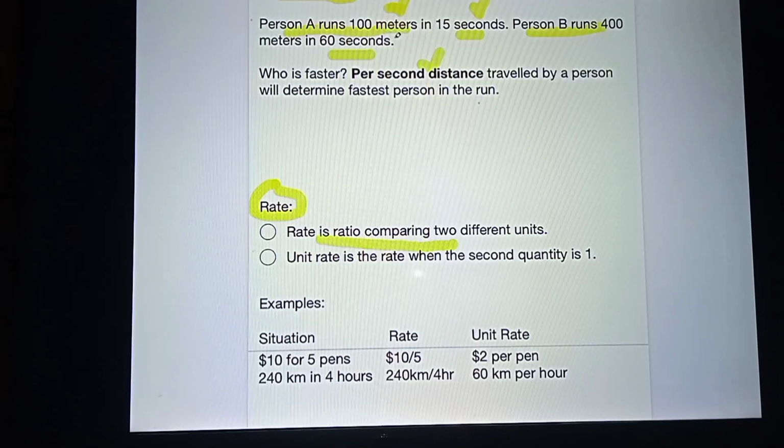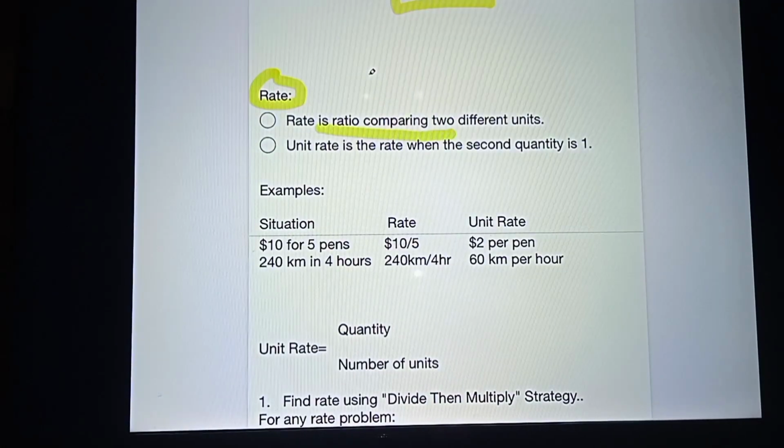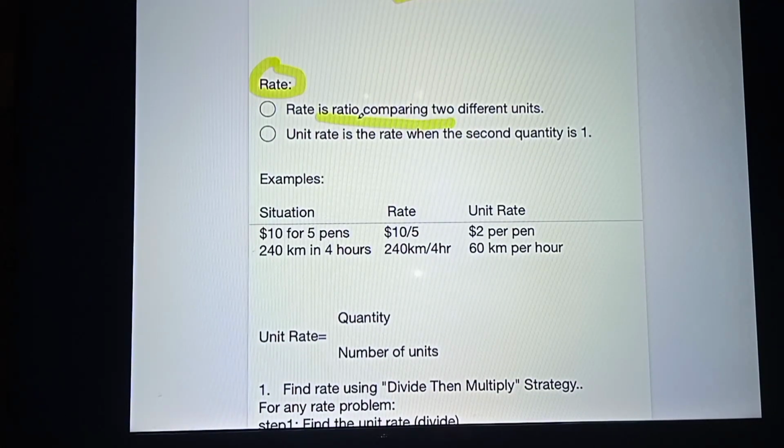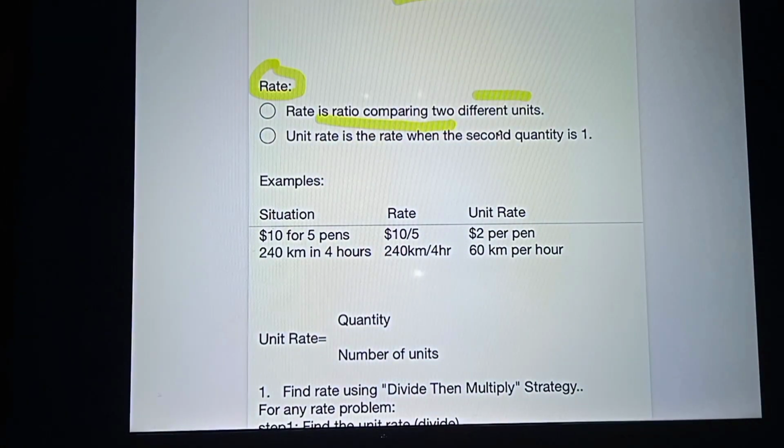So we are comparing two different units. Hence, rate is a ratio comparing two different units, whereas unit rate is the rate when the second quantity is 1.